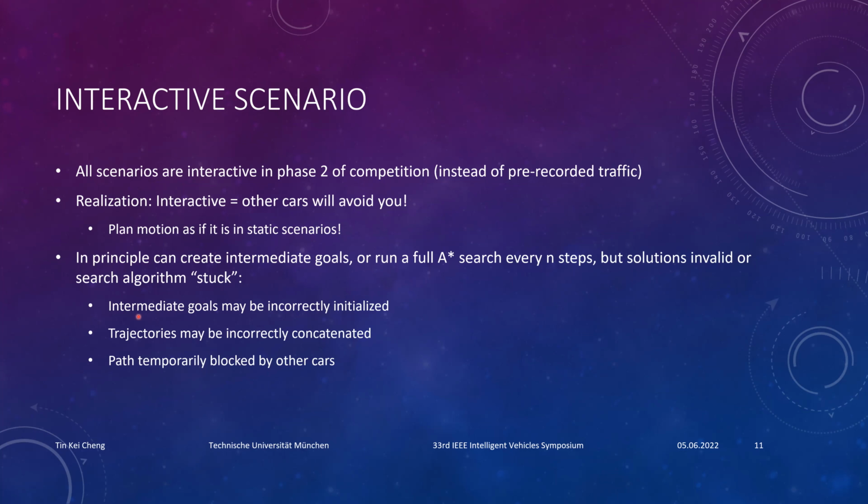It may be that I specify the intermediate goals somewhat incorrectly, or the trajectories are not concatenated correctly, so that the solution becomes invalid. Or maybe if I re-evaluate my A-star search in the middle of the simulation, some of the paths may be temporarily blocked by other cars, and so it cannot arrive at a solution. And so the algorithm got stuck and wouldn't get many solutions.